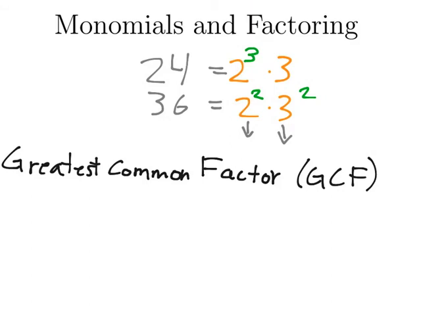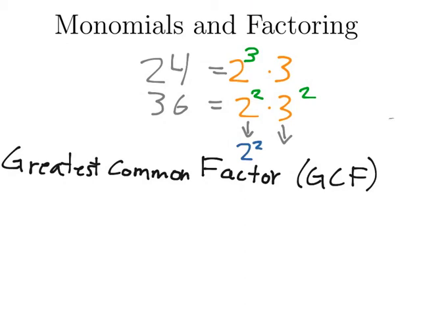But 36 only has 2 squared, whereas 24 has 2 cubed. What this means is we have to pick the smaller one because it has to be what they have in common. And because 2 cubed is just 2 squared times 2, that means they do have the 2 squared in common. So we have 2 squared here.